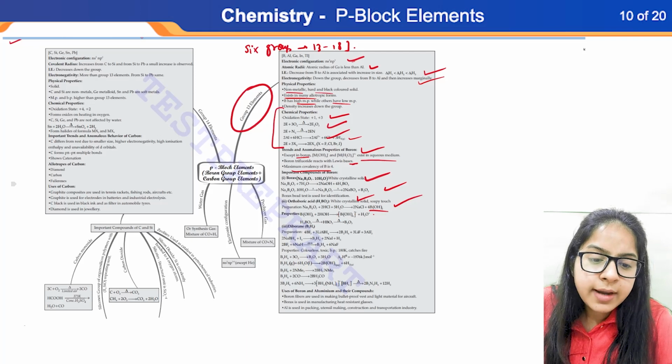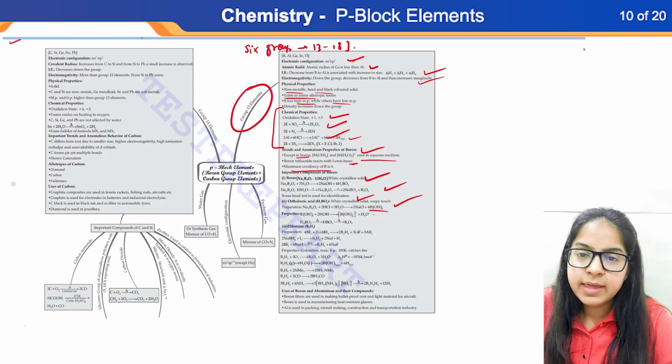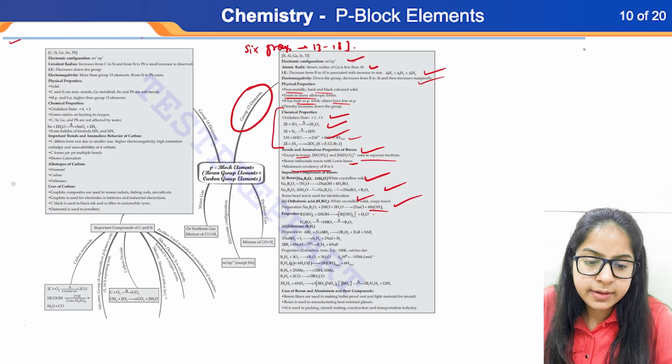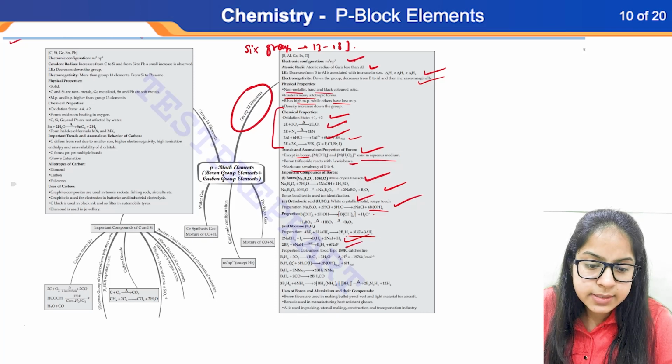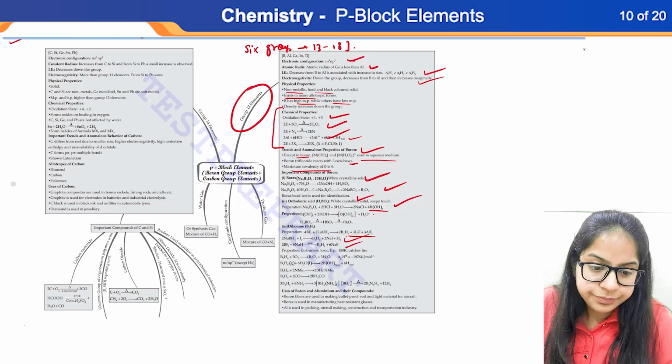Now the diborane. How can you form diborane? On reaction of BF3 with lithium aluminium hydride, you will get B2H6 plus 2LiF plus 3AlF3. 2NaBH4 on reaction with iodine gives B2H6 plus 2NaI plus H2. 2BF3 on reaction with sodium hydride gives B2H6 and 6NaF.